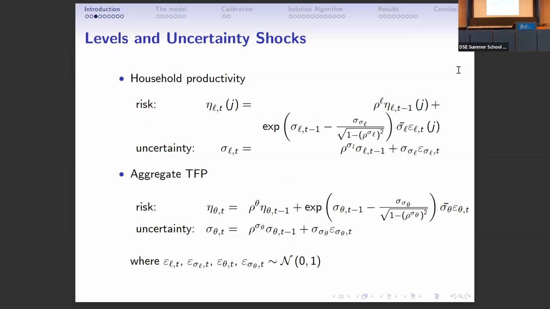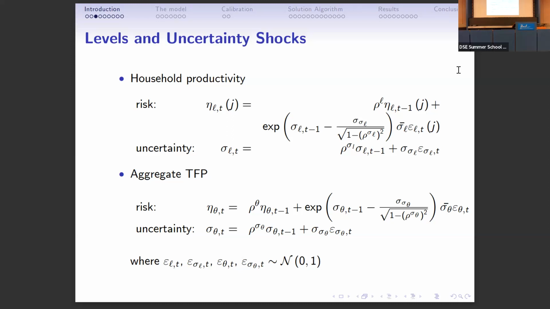For example, for the households, eta L of J represents the shock to idiosyncratic level of productivity. And in this first order autoregressive process, you have this standard deviation which depends on time.